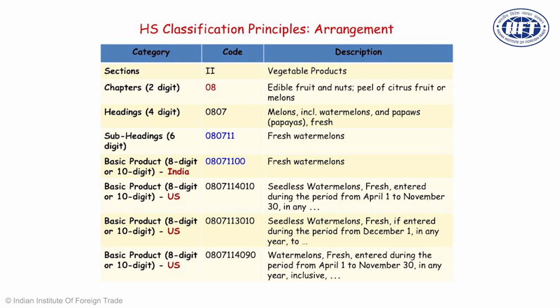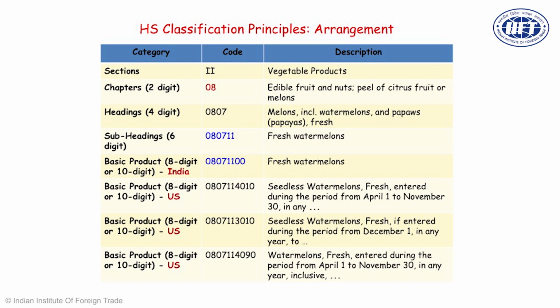In the US, however, we are going to find there will be a number of HS 10-digit products. Here, the idea is we see the products are being classified under seedless or with seed, and even within each of the categories, we look at the date at which the watermelons enter the US market.